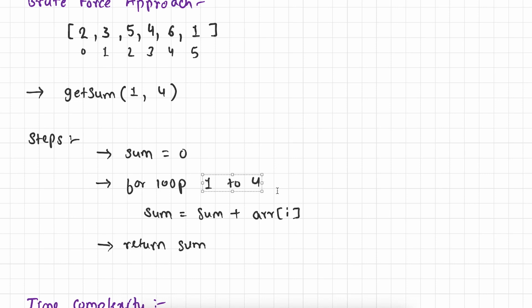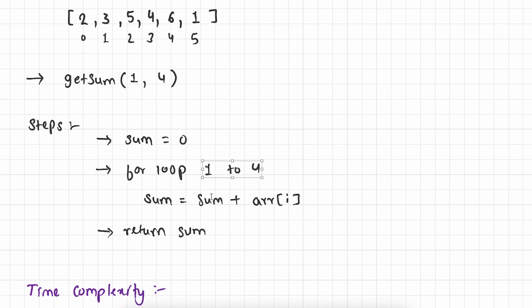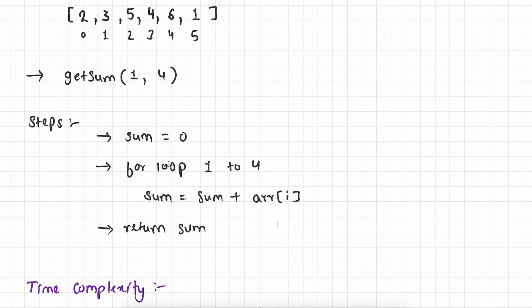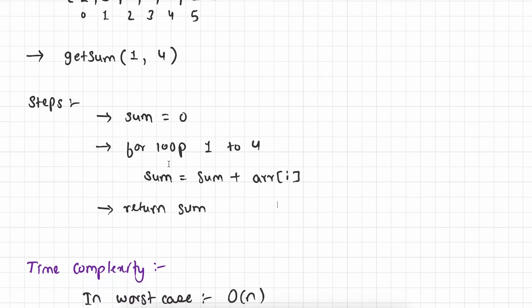While iterating from 1 to 4, we add the values at those indices into the sum variable. And after the loop gets completed, we eventually return the value of sum, right? So this is the basic way to implement this approach.